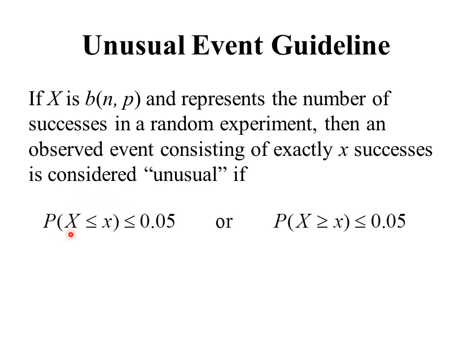So the probability that capital X is less than or equal to x is less than 0.05, or the probability that X is greater than or equal to little x is less than 0.05. Okay? So we need to calculate either this probability or this probability. If either one of those is less than 0.05, then we consider that event to be unusual.